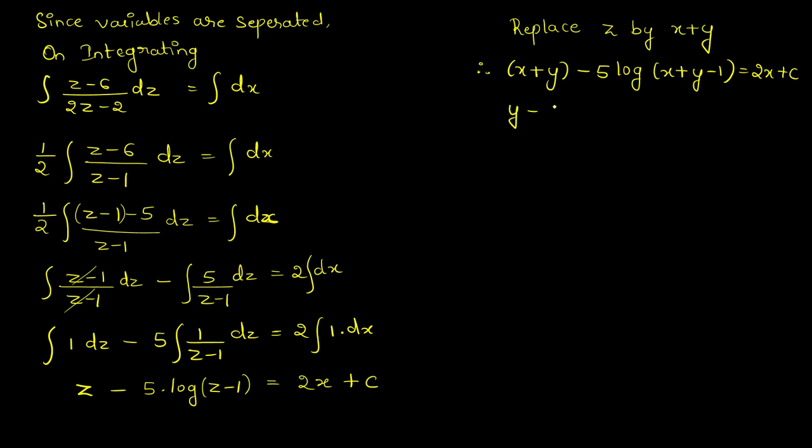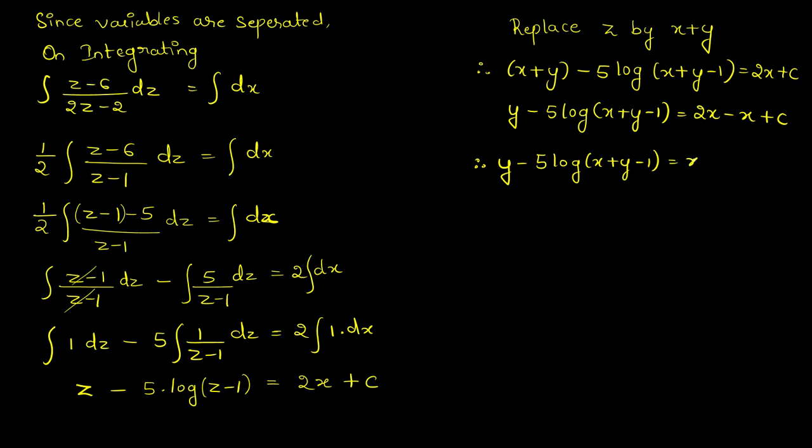So this will be y minus 5 log (x plus y minus 1) equal to, we had 2x plus c, and x on the other side becomes minus x plus c. Now 2x minus x will become x. Therefore y minus 5 log (x plus y minus 1) equal to x plus c is the required solution.